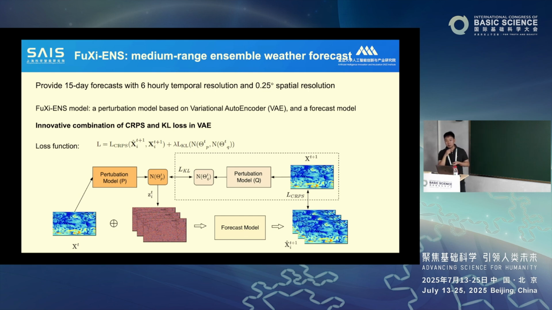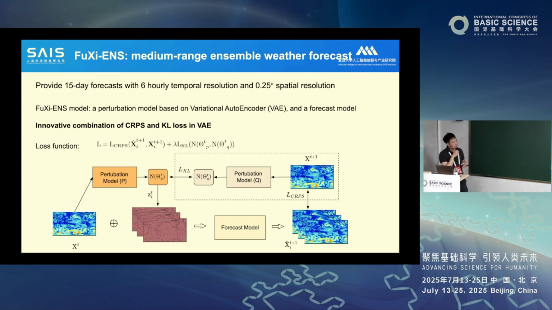Here we do it in a data-driven way, and we developed what is called FuXi ENS, and it can provide a 15-day forecast with 6-hourly temporal resolution at 0.25 degree spatial resolution. It consists of two main components. One is the forecast model, which shares a similar structure with the FuXi model. Another is the perturbation model.